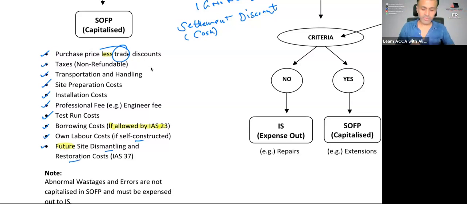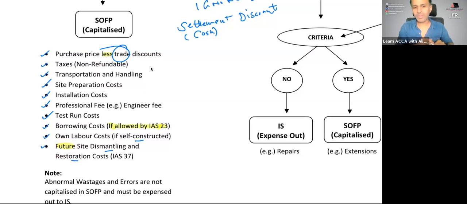And restoration cost is cleanup cost. Today, I have prepared the site in a way that this plant can be installed. After 10 years, once the plant is dismantled and I have to do another task on this site, I will have to restore the site to its original state. Both of these costs are in the future.